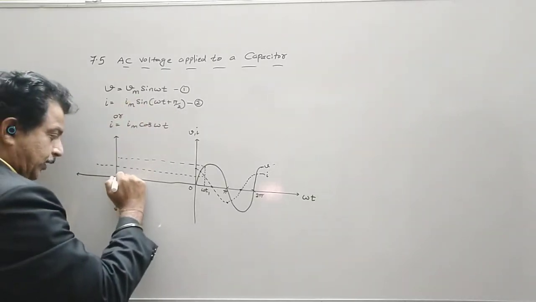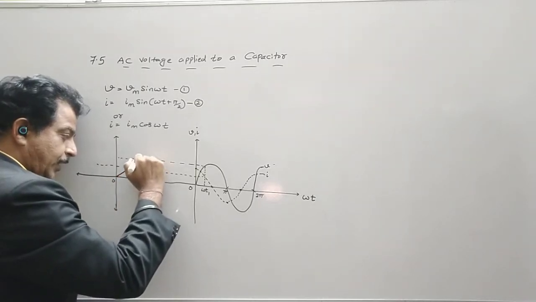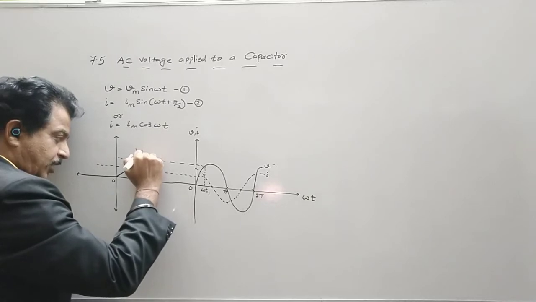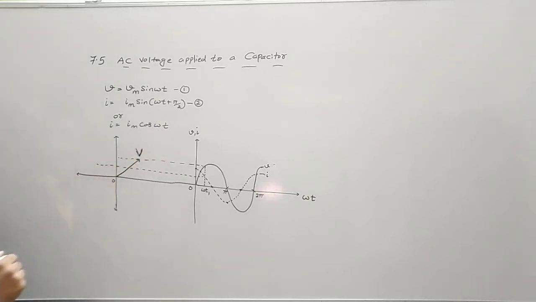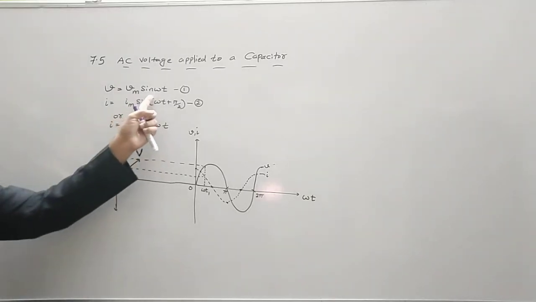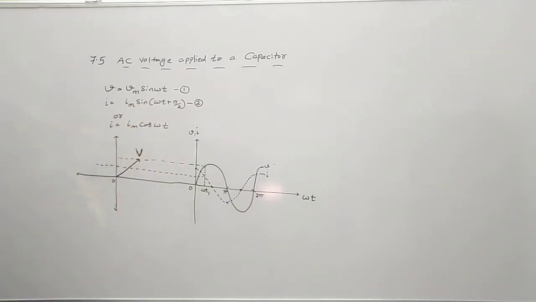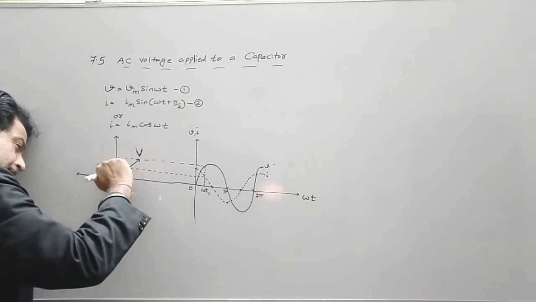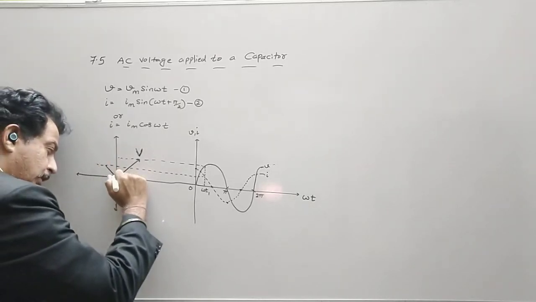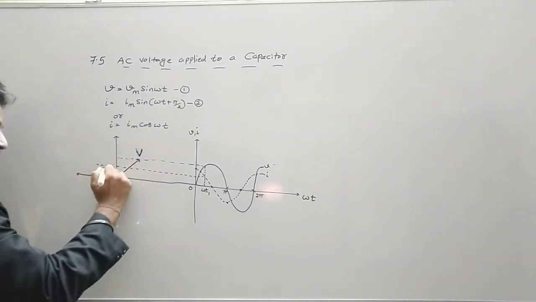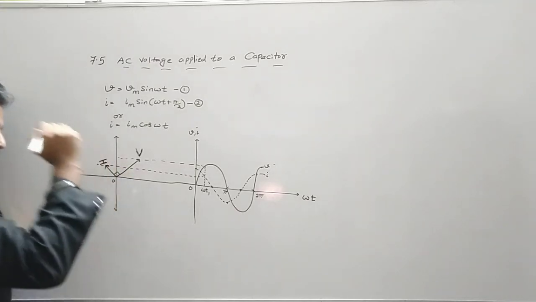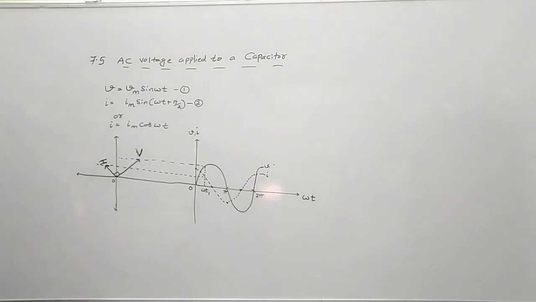So if I join this with V, we write it as a bold V, that is the phasor V, then the current should lead by 90 degrees. It means the current should be exactly at 90 degrees. So this should exactly look like a 90 degree angle, and this is the phasor of the current.